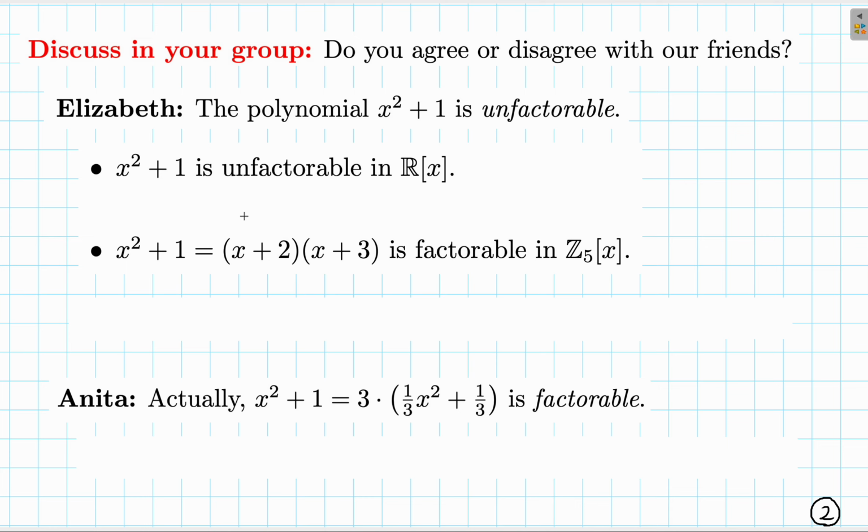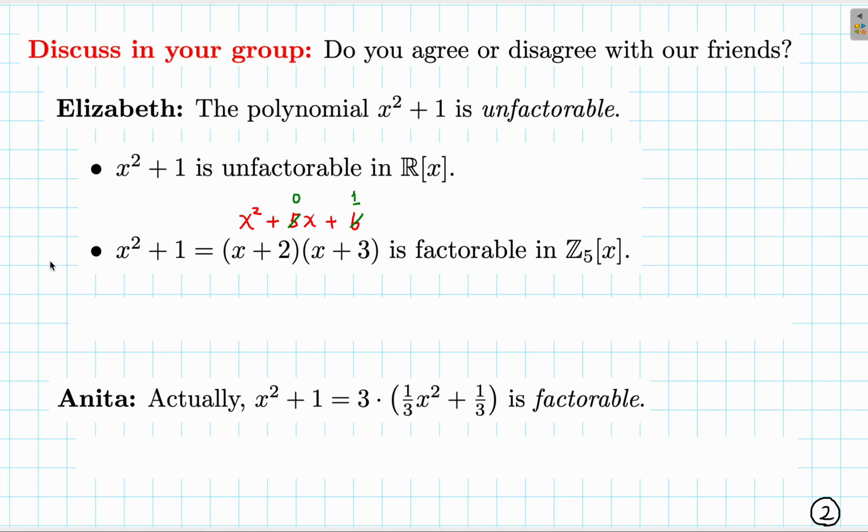So we get x squared plus 3x plus 2x, so that's 5x, and then plus 2 times 3 is 6. But these coefficients are in Z5, so 5 becomes 0, and 6 becomes 1, and in fact we do get x squared plus 1. So it is factorable in Z5[x].